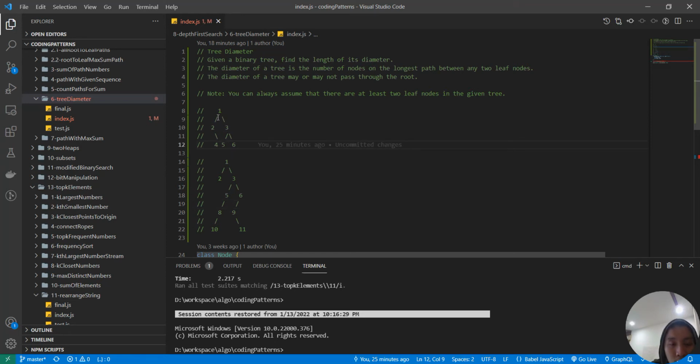In this case, let's say the left branch has a height of 2, and the right branch has a height of 2 also.